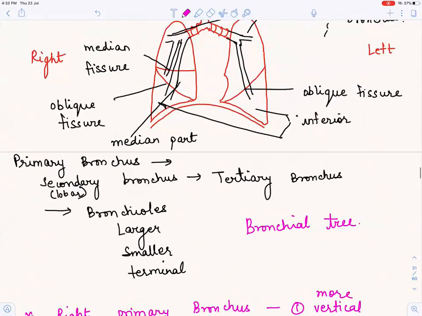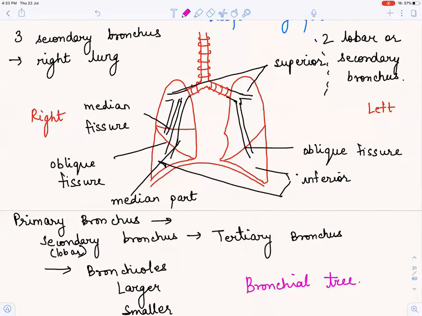And one more thing, you might have seen that I have made a little dent-like structure. This is the cardiac notch, where the apex of the heart lies.